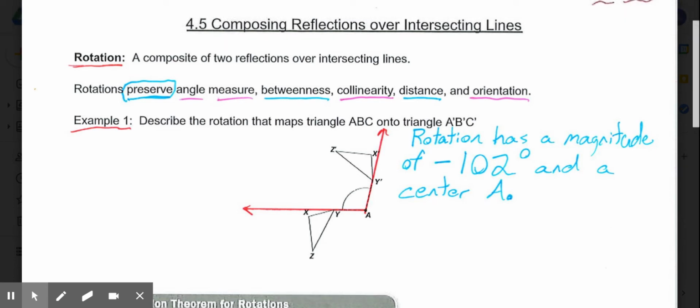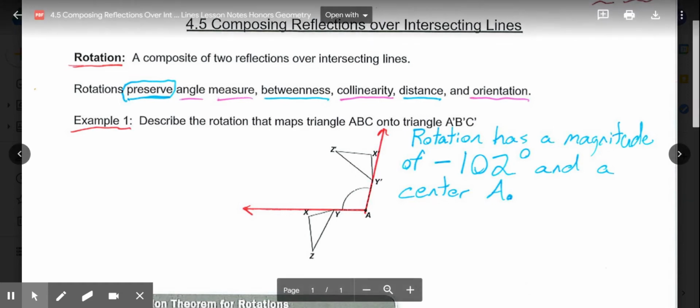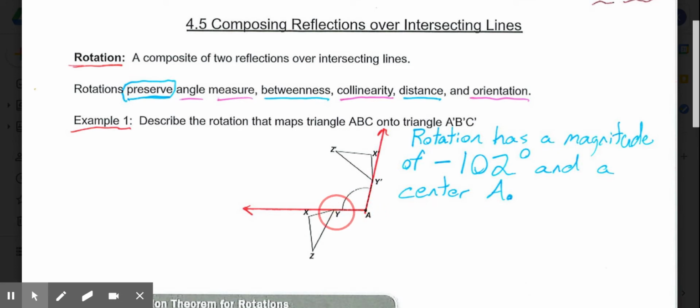If I did A through Z, then I'd have to go A through Z prime. By doing so, you give yourself the angle that you can measure. So you would set the protractor center here, set the bottom along this side, and measure this angle. That angle measures approximately 102 degrees.